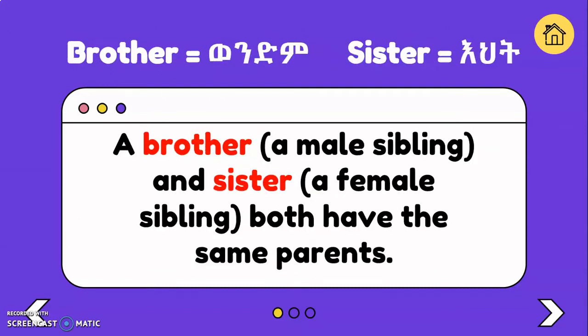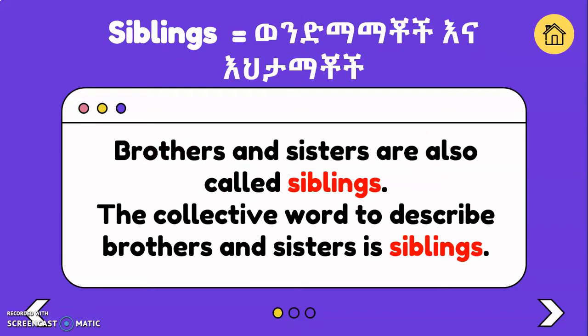Brother and sister. A brother and a sister both have the same parents. When they have the same parents, we call the male brother and the female sister siblings.